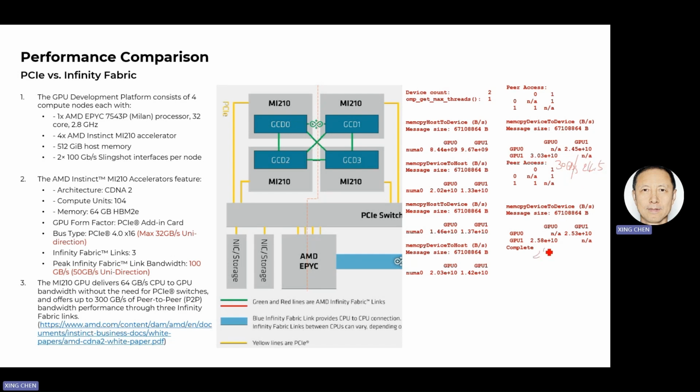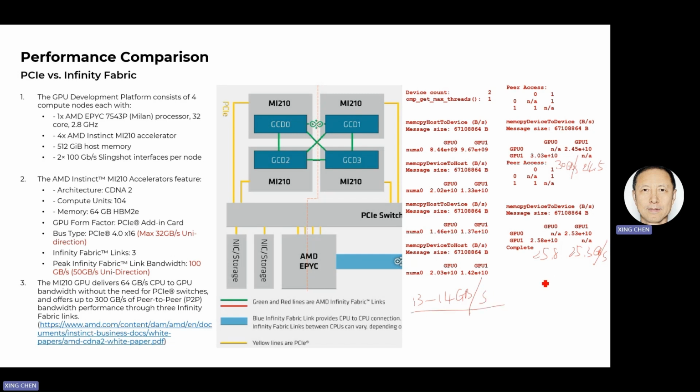And here 25.8 gigabytes per second, and then 25.3 gigabytes per second. That's the memory performance. We know the bandwidth between the CPU and the GPU by going through the PCIe link is 13 to 14 gigabytes per second.